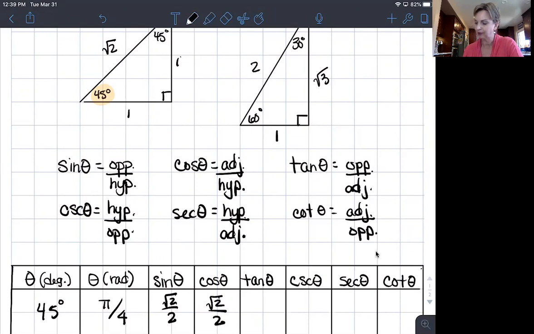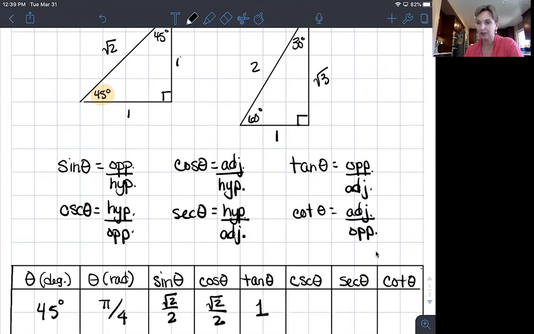Okay, now tangent, we have it listed right above there. Tangent is TOA, opposite over adjacent. For that 45-degree angle, the side opposite it is 1. And the side adjacent is 1. And 1 divided by 1 is 1. So the tangent of 45 degrees is 1.